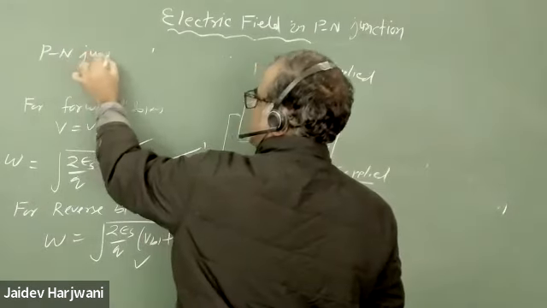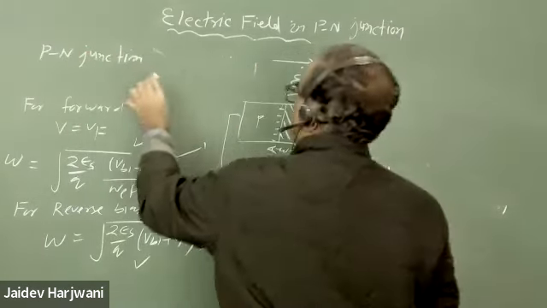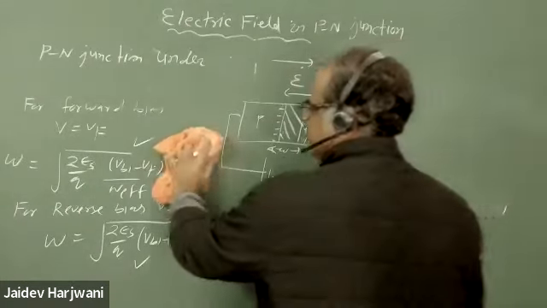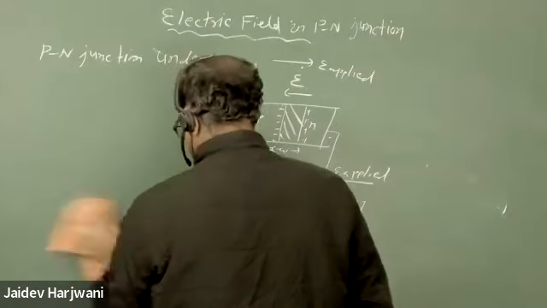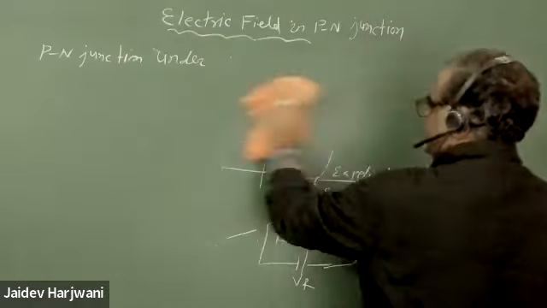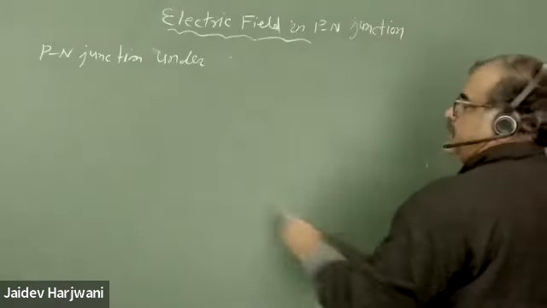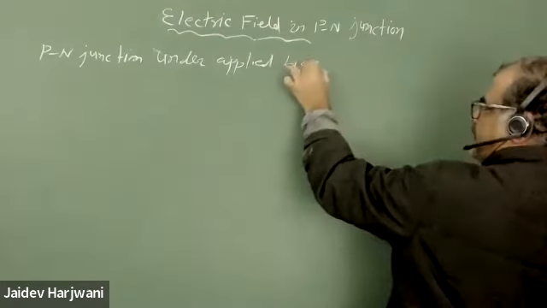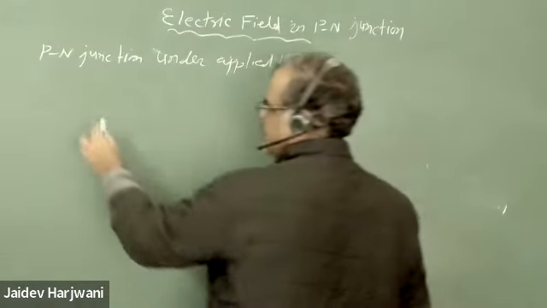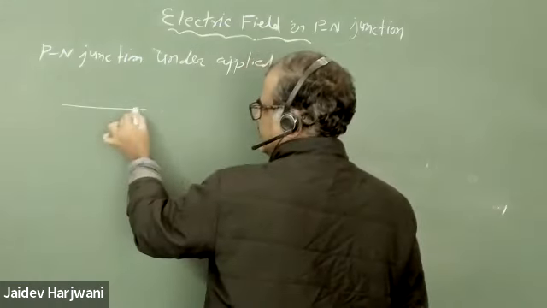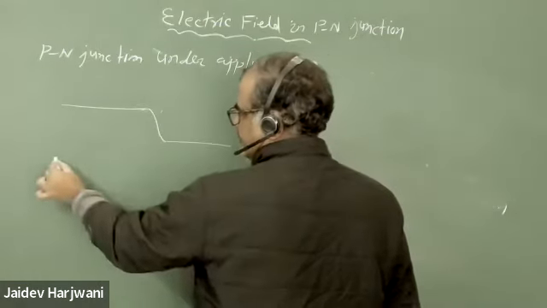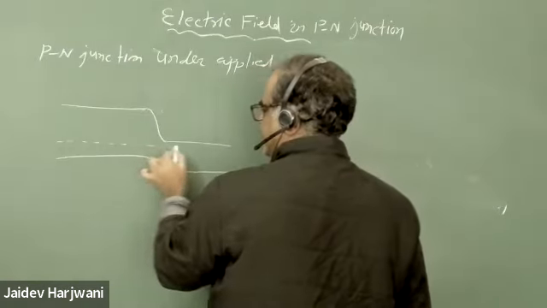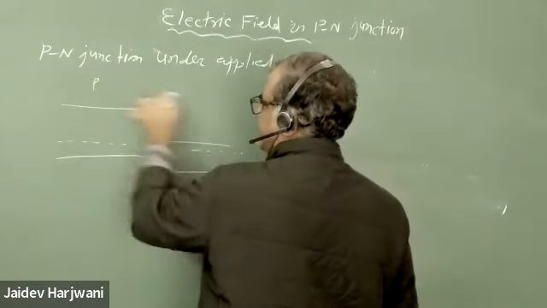PN junction under applied bias, okay. So when there is no bias, in that case we know this is my depletion layer width, okay. In equilibrium you have E, this is the P side, this is the N side.